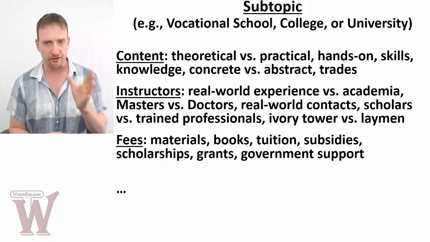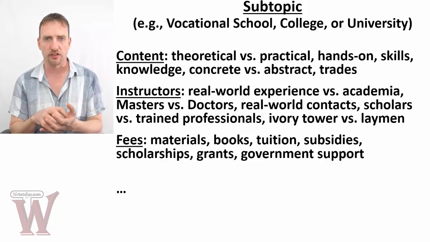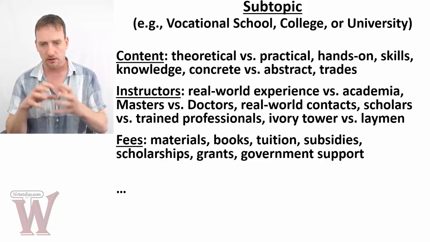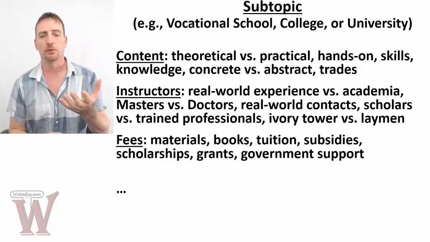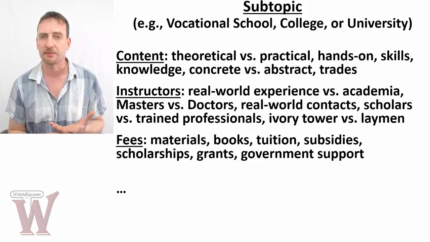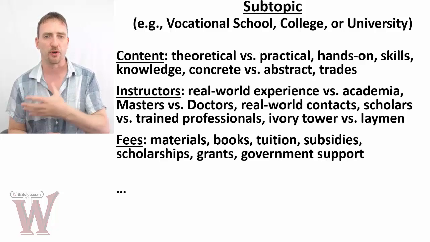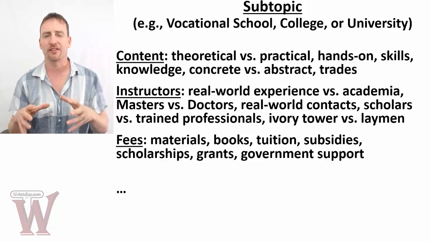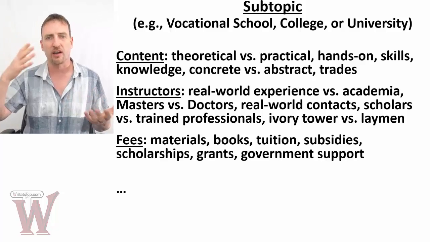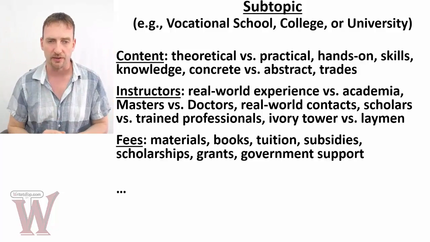Think of the different instructors at the different schools. For example, in a vocational school where you're learning an actual skill for a job, you're learning how to do a specific job, you will probably have teachers with real world experience, versus academia, where all the professors have been in the university their whole lives. They might not know as much about the outside world.